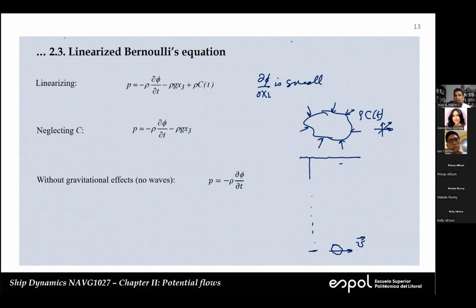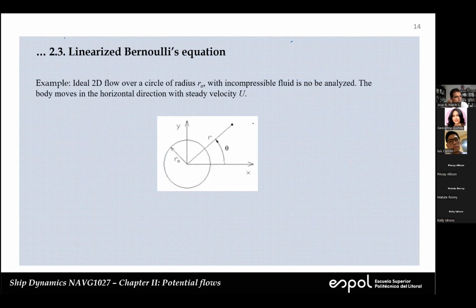So in some cases, this is the way we can use it, okay? Now, let's go on. Now, let's do an example, okay? Let's work with an ideal flow. So that means that, see, this is the body, so this is the fluid. Here, all of this is fluid, okay?